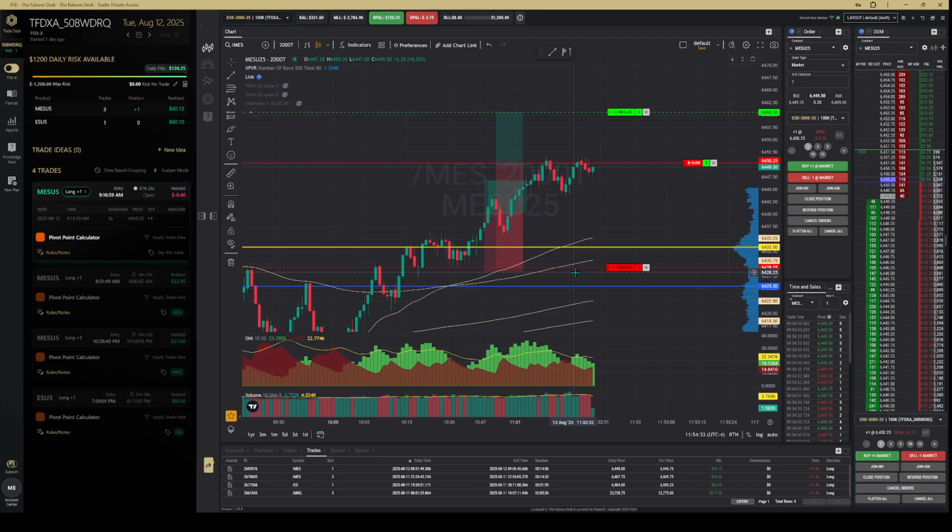Okay, back with a little bit of an update. We're just kind of consolidating, and what I'm seeing on the ADX and the DMI is that buyers and sellers are kind of, there's a little bit of indecision, maybe some accumulation or distribution happening here, but ADX is starting to flatten out. It's still above 22 though.